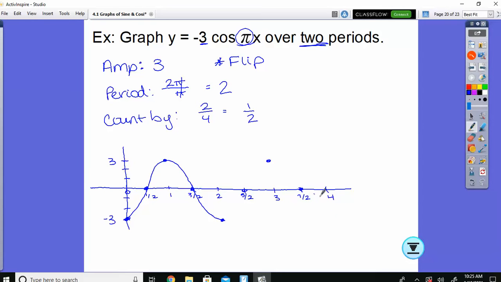Just keep bouncing back and forth between high, low, and 0. Those are the only 3 points we're hitting here on both sine and cosine. Questions there?